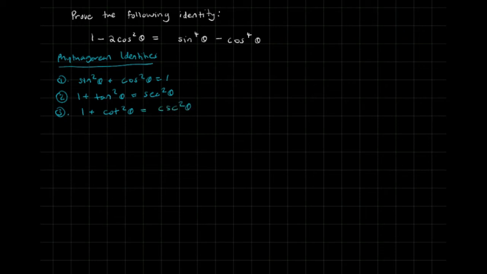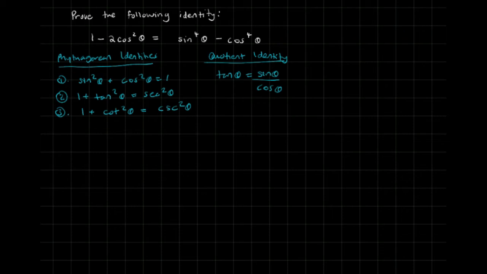Okay, so those are 3 Pythagorean identities. And our quotient identity is tan theta is equal to sine theta over cosine theta. So those are some of the identities that we need to look at.